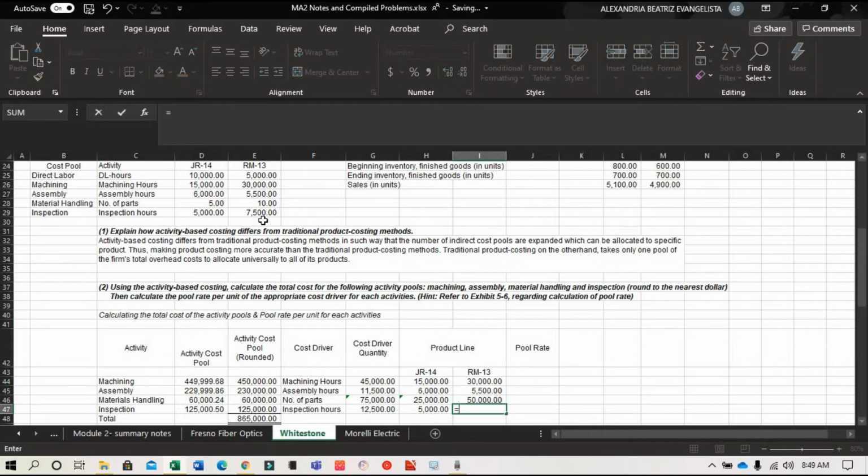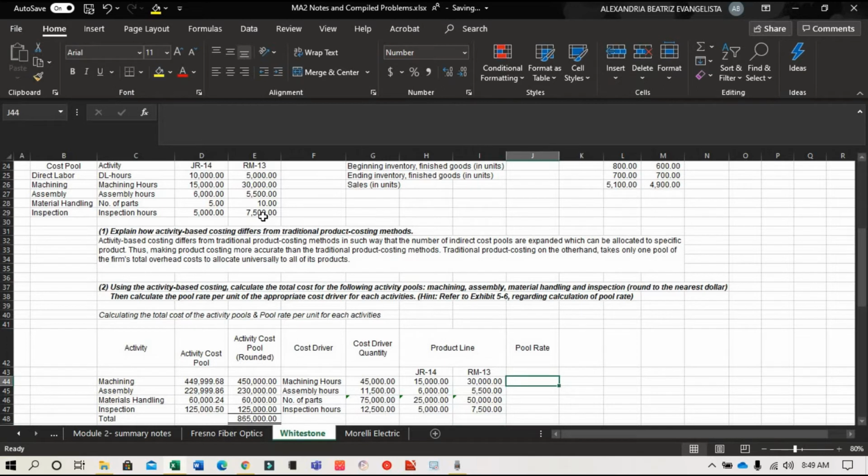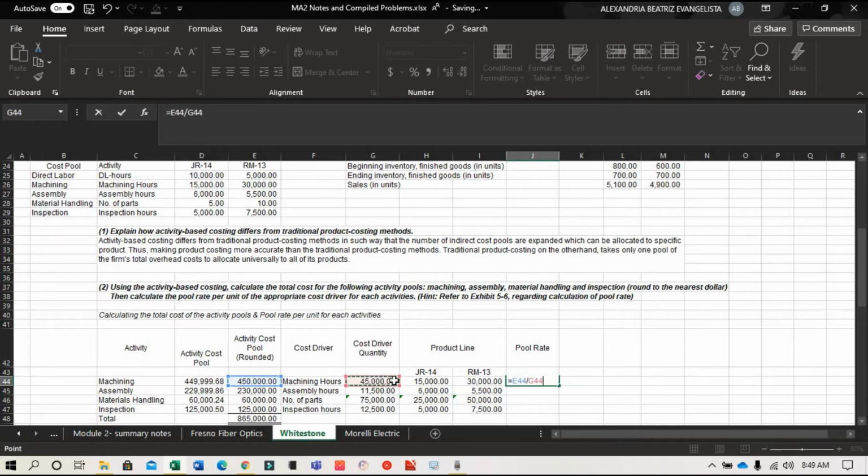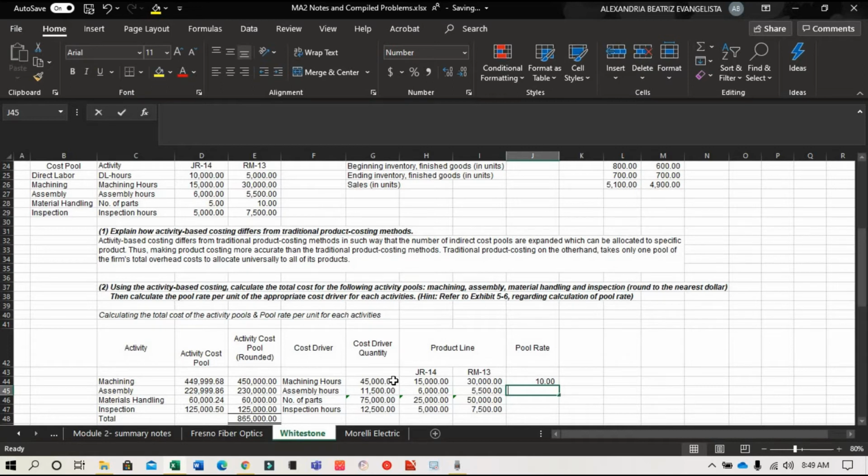Now we'll be able to compute the pull rate for each activity. For machining, that would be 450,000 divided by the cost driver of 45,000, and that would give us the pull rate of 10. For assembly, that is 230,000 divided by 11,500, and that would give us 20.